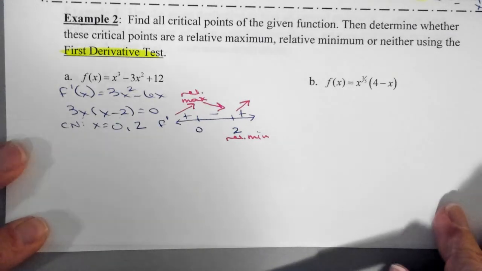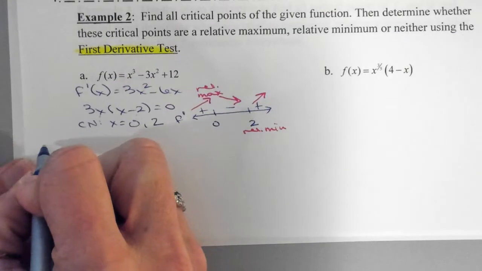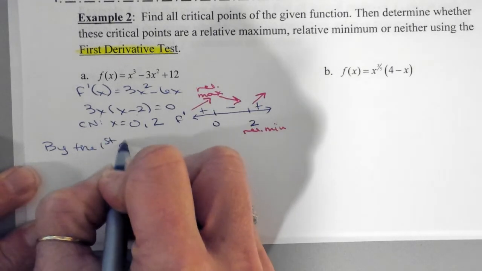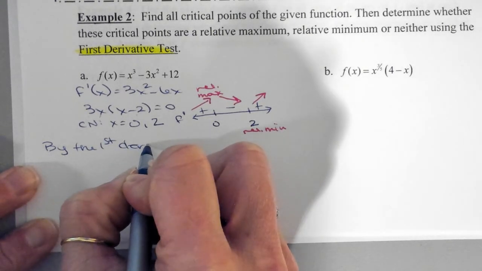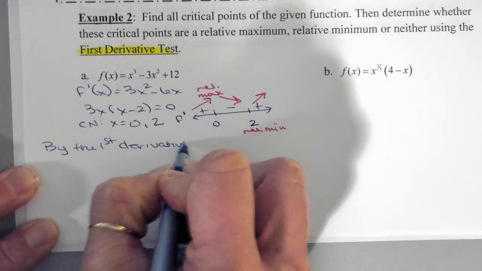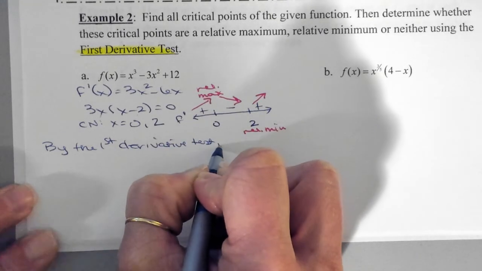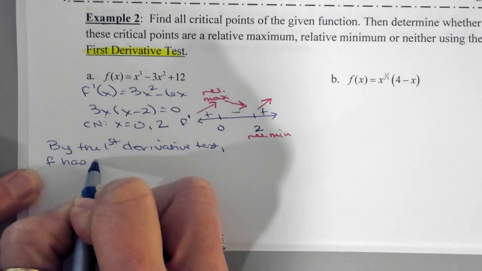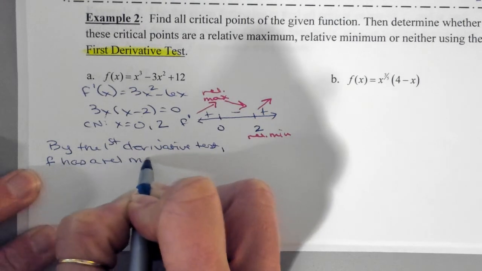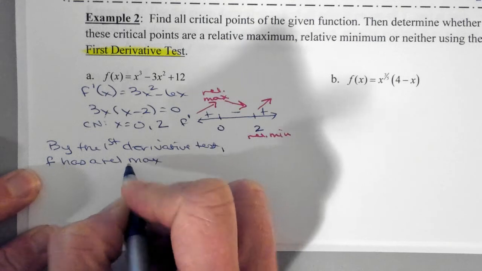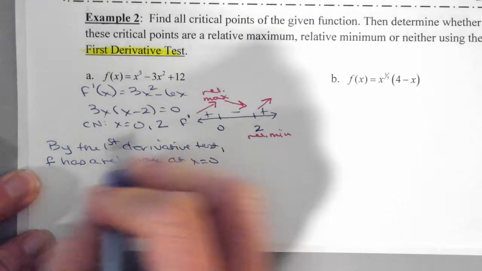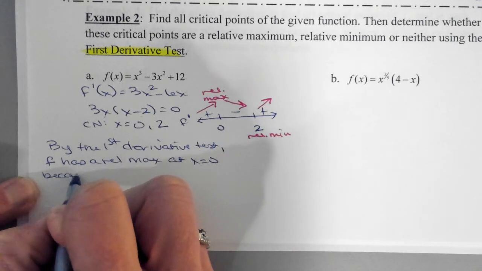Okay, this is to include justification. So, by the first derivative test, f has a relative max, I'm abbreviating here, at x equals 0, because, why?